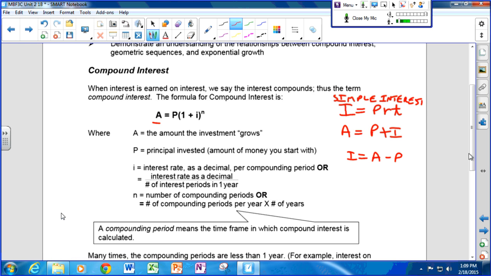Now the i is the interest rate as a decimal, so we do the same thing we did before, per compounding period.